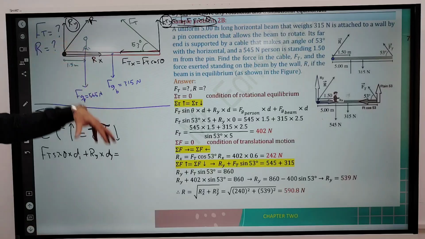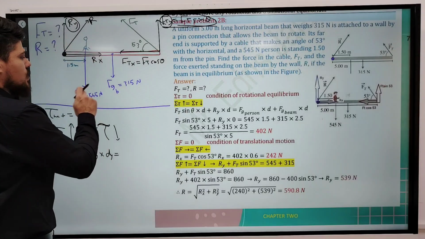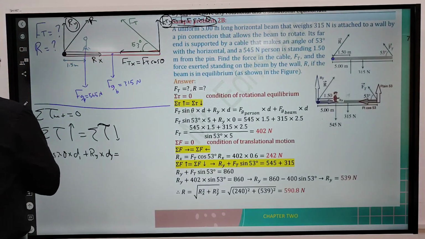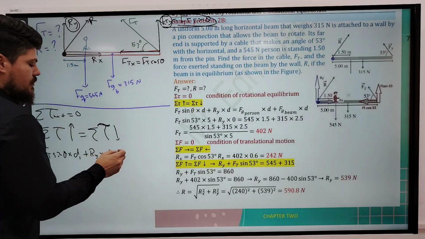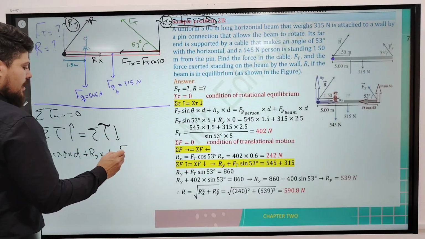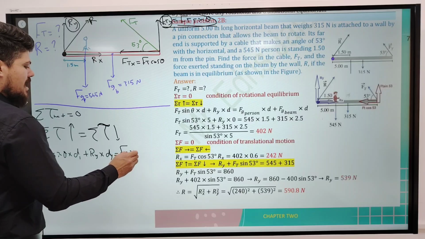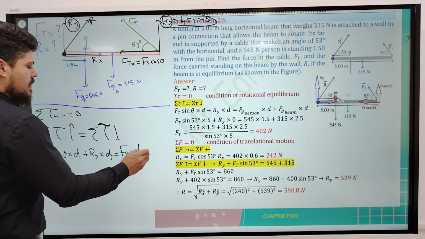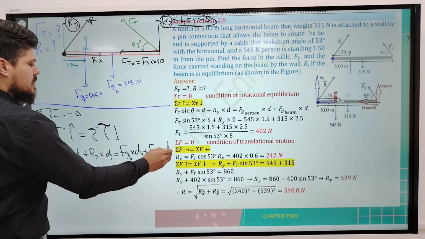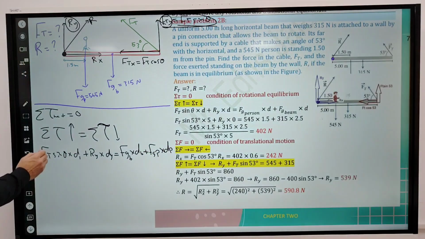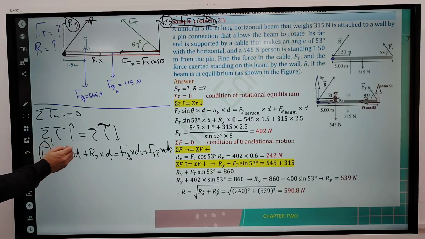How many downward forces do we have? 2: the gravitational force of the beam and the gravitational force of the person standing 1.5 meter away from the pin. Fg of the beam times the distance of the beam, plus Fg of the person times the distance of the person. What is unknown? Ft and R.